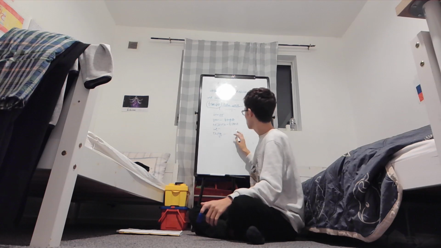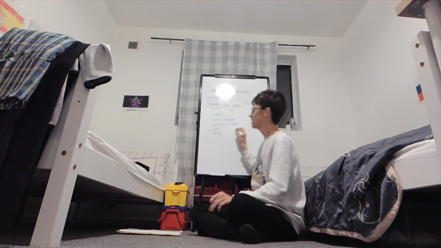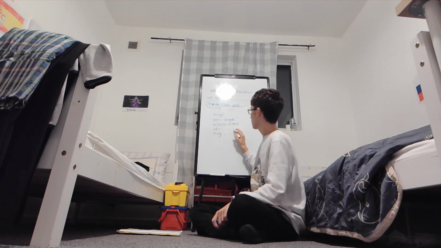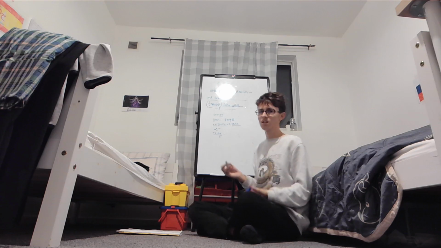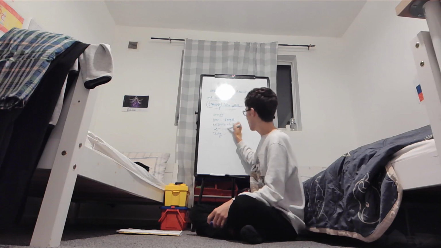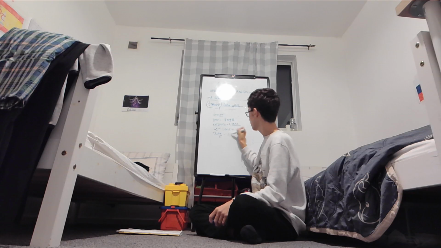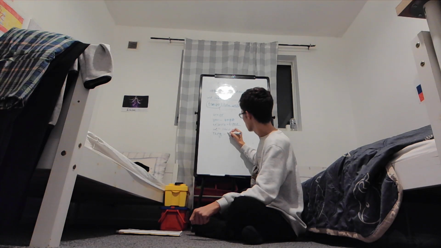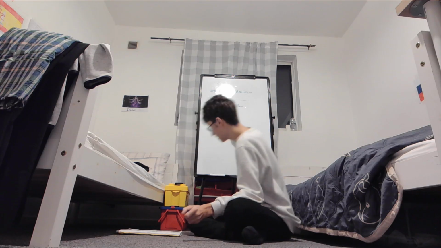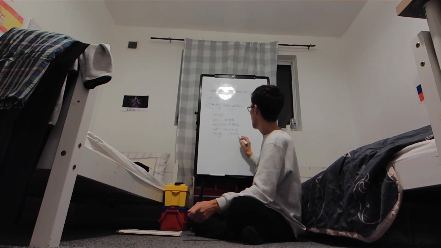The he, she, it form is tiene. The trick for me is that you replace the e with an i, but it's a whole different word, tiene, he, she, it has. The we form is tenemos, and the last one is tienen, which is they have.